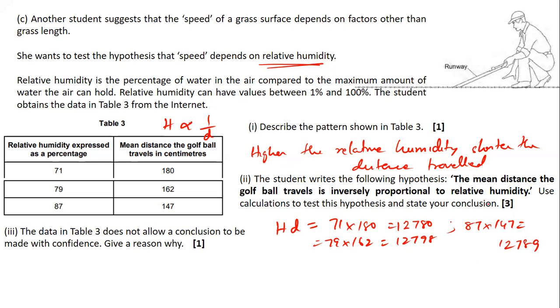Can you say that the data you have generated and the hypothesis you have laid across are going hand in hand? No, because the values aren't exactly the same, but well, yes, they're approximately the same.